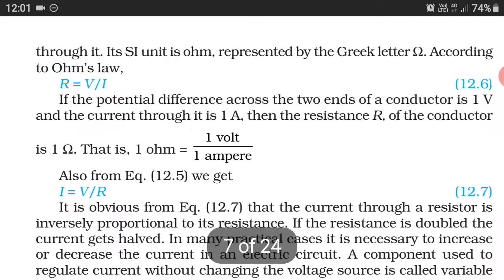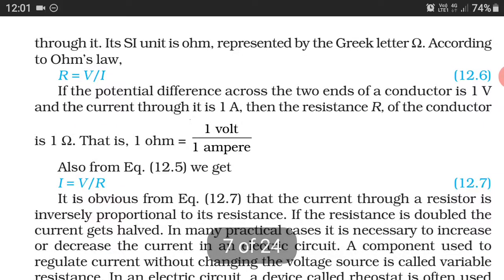Whatever conductors we have, they have certain resistance and resist the flow of charge through them. The difference is that they offer very small resistance, of the order of a negative power of ten. In the next topic we will discuss in detail.